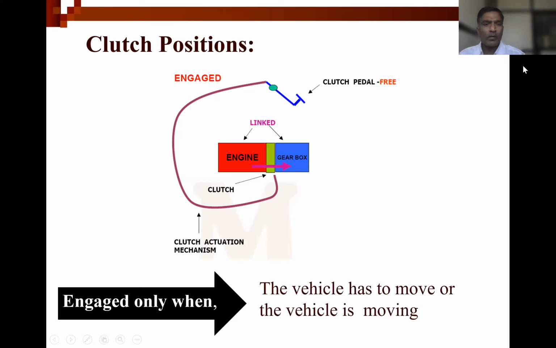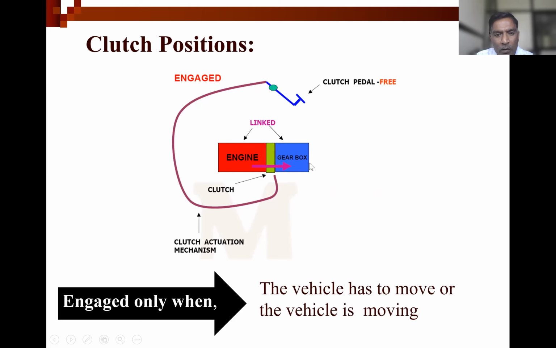Okay, so the next position of the clutch, you can clearly see from the slide. This one is the engine, this is the clutch, and this is the gearbox. So this is the engaged position. What you are observing here is power flow from the engine to the gearbox.